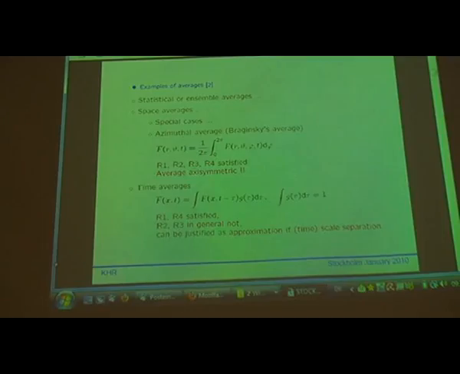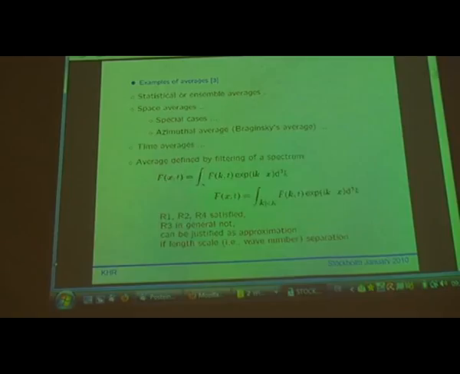The two other rules are not automatically satisfied, again, except in the case of scale separation. We speak in this case of a two-scale situation, for example, two-scale turbulence.